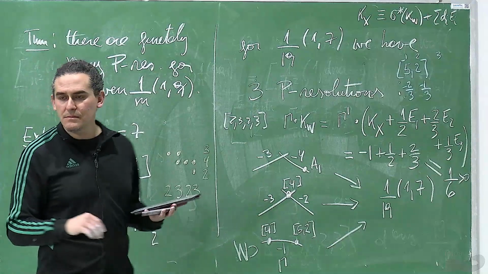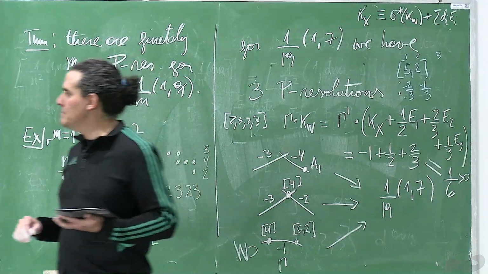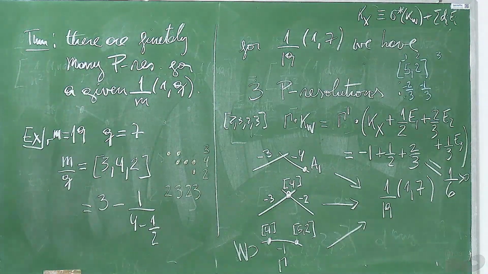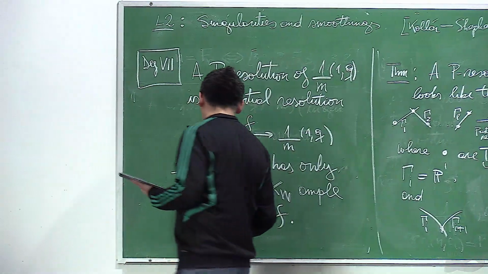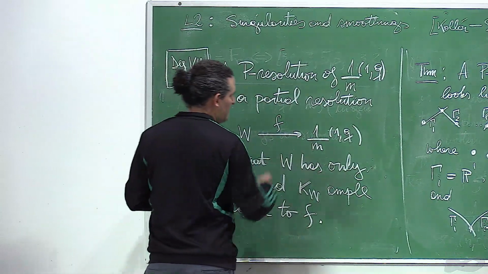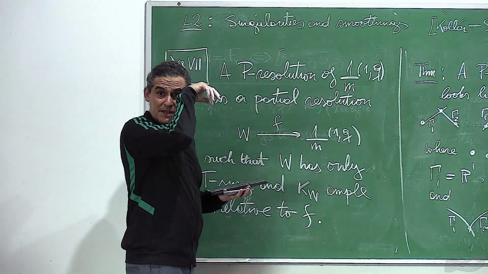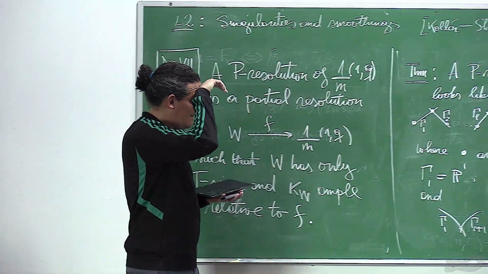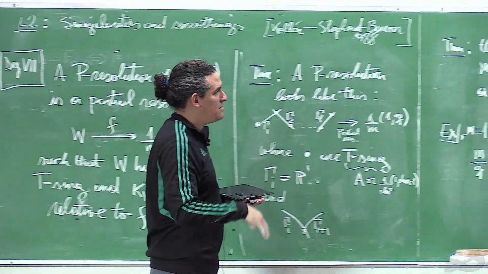And then if I start off with a singularity that isn't a cyclic quotient, do I still only have finitely many of these P resolutions? Yeah. When you have a quotient singularity, you can also prove that there are finitely many, and they are in correspondence with the components of the deformation space.